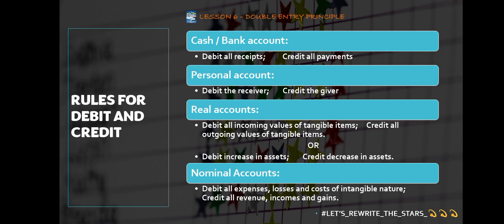So with nominal accounts, we are going to debit all expenses, losses, and costs of intangible nature, and we will credit all revenues, incomes, and gains. If it is a revenue, income or gain, we are going to credit it. But if it is an expense, loss, or cost, we are going to debit it.